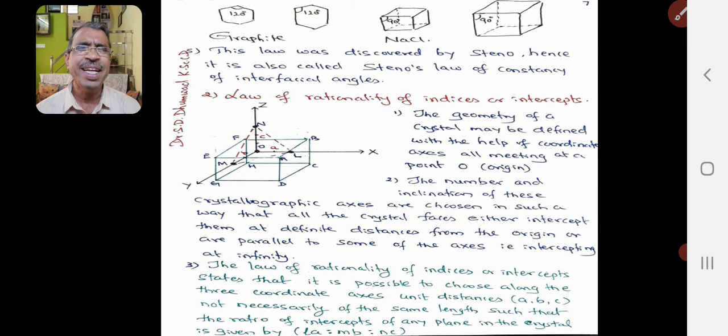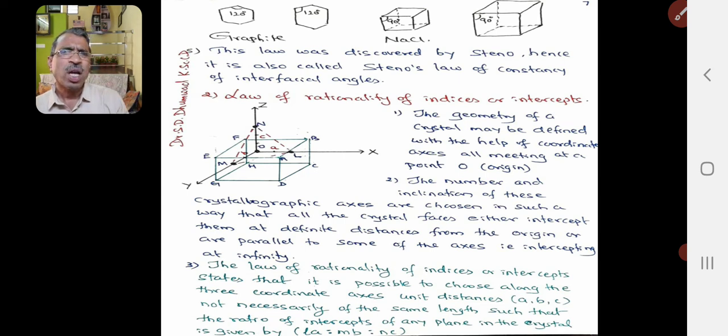That is called the intercept at point O. The number and inclination of these crystallographic axes are chosen in such a way that all the crystal faces either intercept them at definite distances from the origin or are parallel to some of the axes, that is, intercepting at infinity.